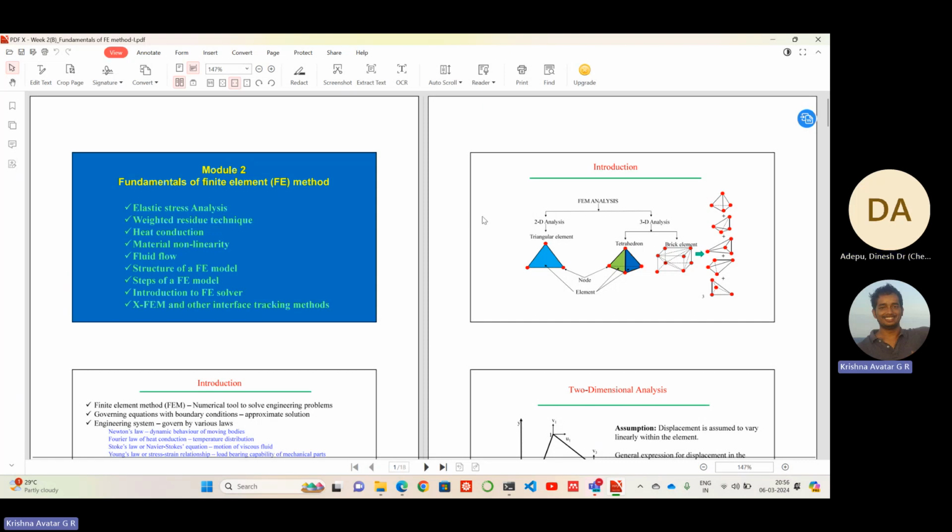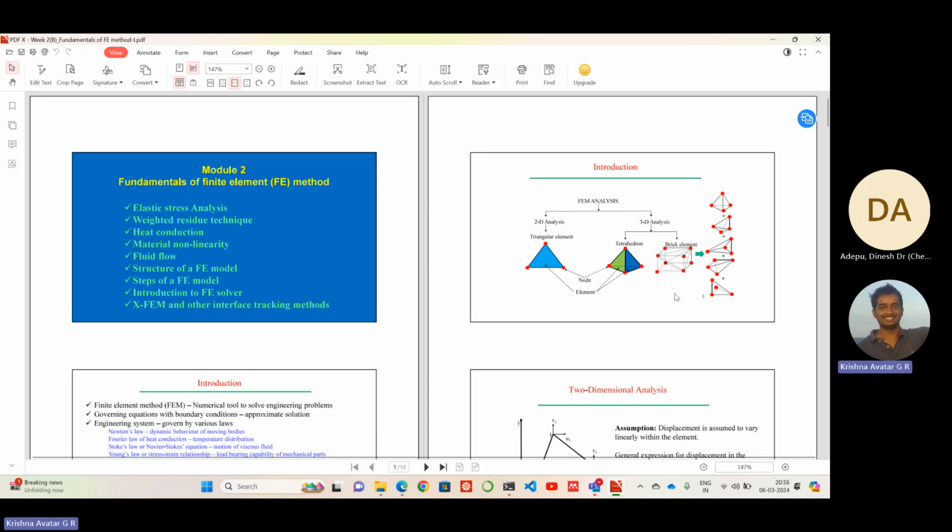So, fundamentals of FEM. These are some preliminary details, as in we can do 2D analysis or 3D analysis. So which type of element do we require? We have triangular elements and then tetra. And for 3D elements, we have tetrahedron or brick elements and many other such elements. It depends.